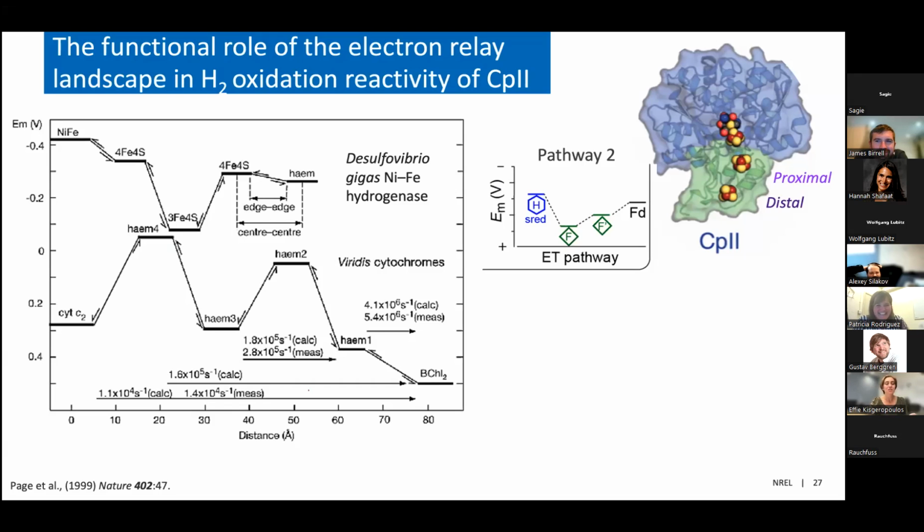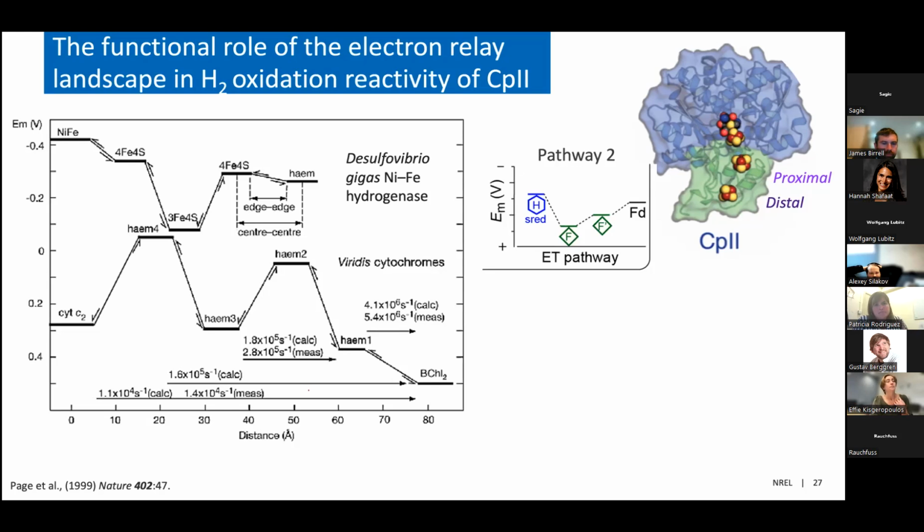But they show this really cool landscape, right? If you look at our pathway 2 on the right, similar setup where they have the nickel iron center and then this really thermodynamic well where they have this high potential cluster that is in between the active site and the external redox partners.